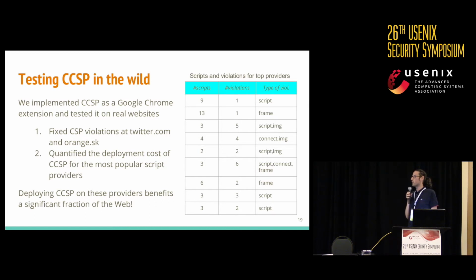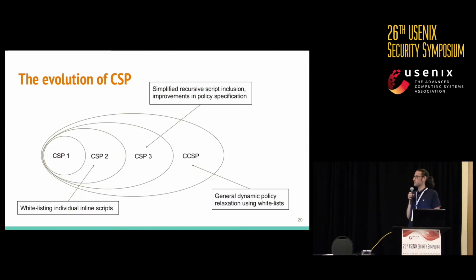And also the policies they need to write are quite simple, because most of the violations are limited to a single content type, and they're also fairly limited in number. So these scripts do not seem to have very difficult policies to write. And only by writing policies for these scripts, we're providing benefits to a large fraction of the web, because these are the most popular providers in the wild.